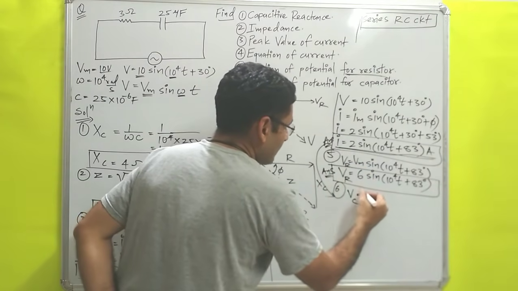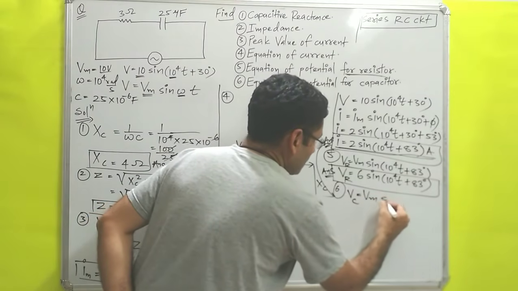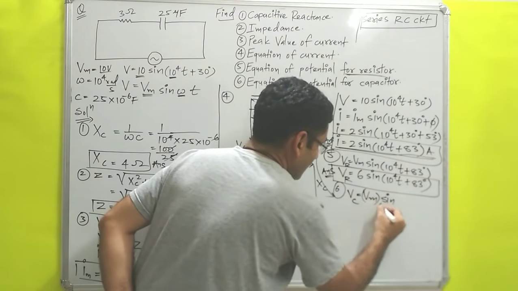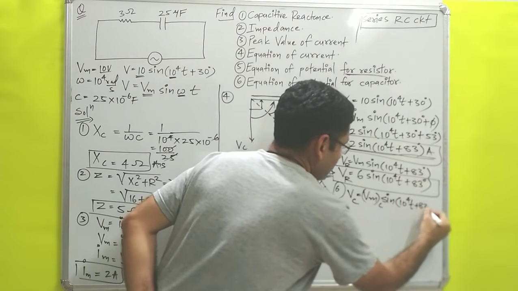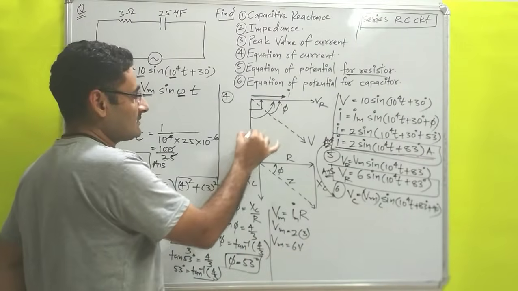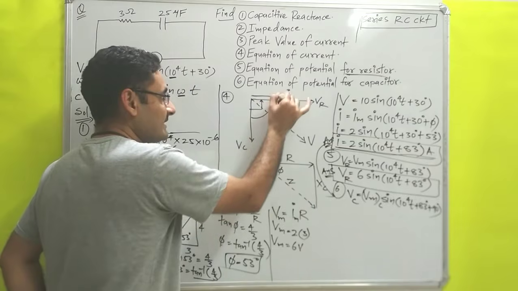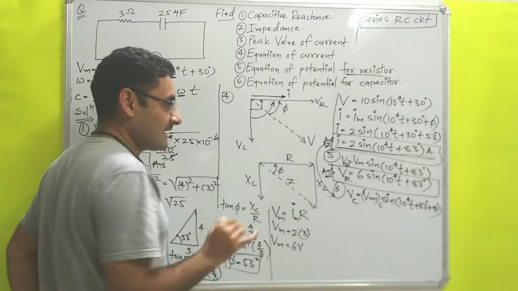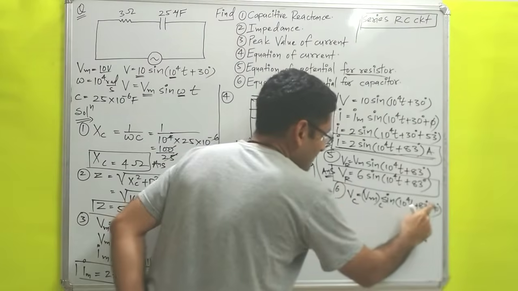Okay, so for that we can write Vm of C sine 10 raised to 4 t plus 83 degree plus 90 degree. Why 90 degree? Because for the case of capacitor, what are we saying? Current leads the potential by 90 degree.